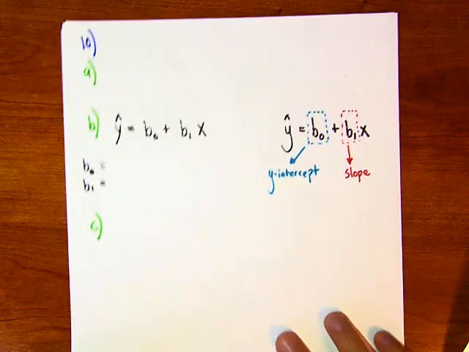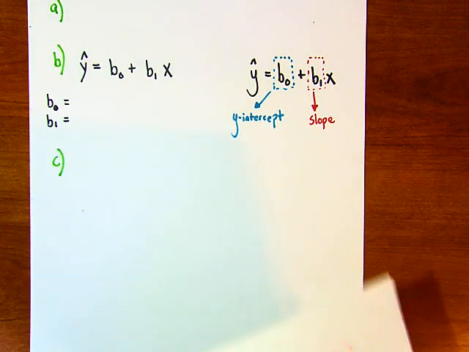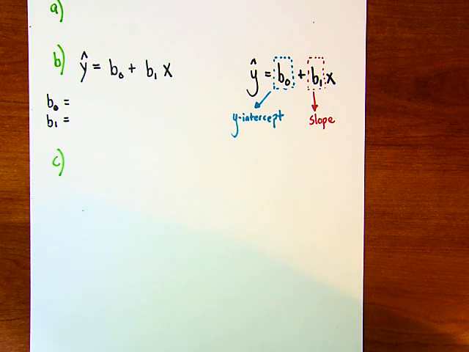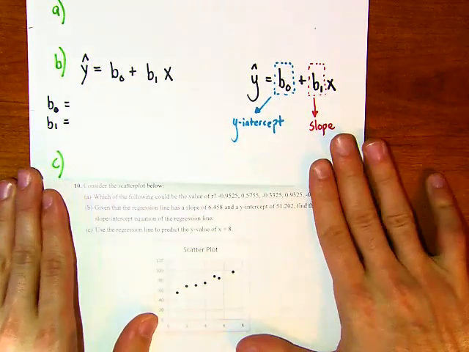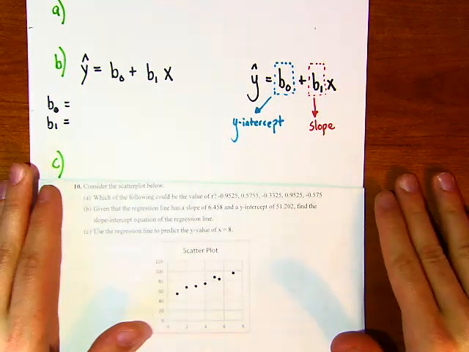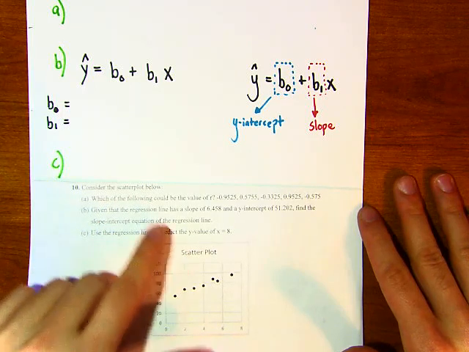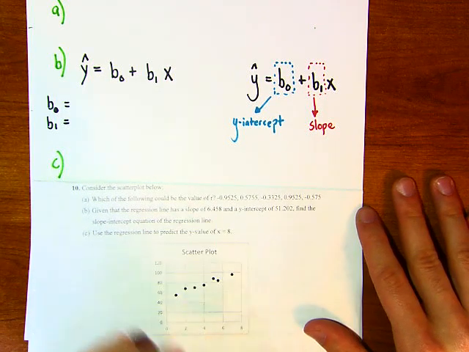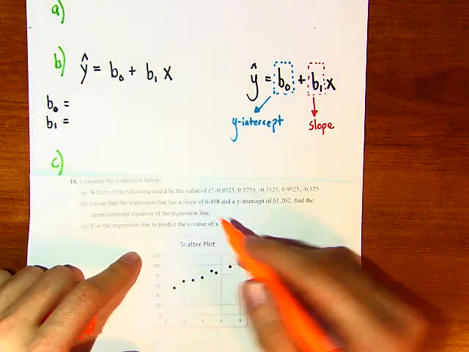Here we have a scatter plot below. Let me fold this real quick and look at this question. Consider the scatter plot below. Which of the following could be the value of R? So, what does R mean?